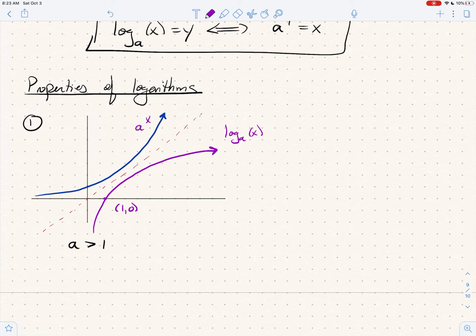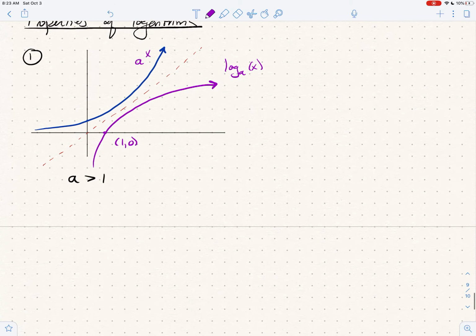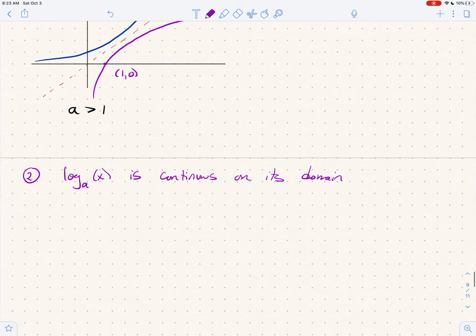The second observation is that log base a of x is continuous on its domain. Which we should talk about: what's the domain and the range?